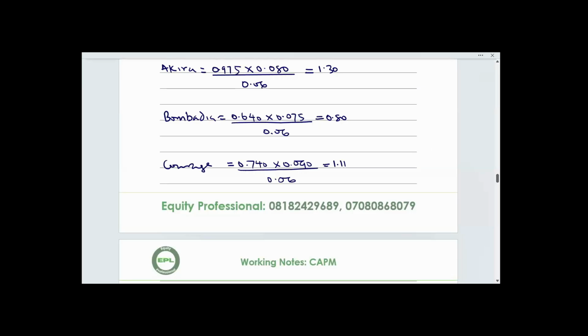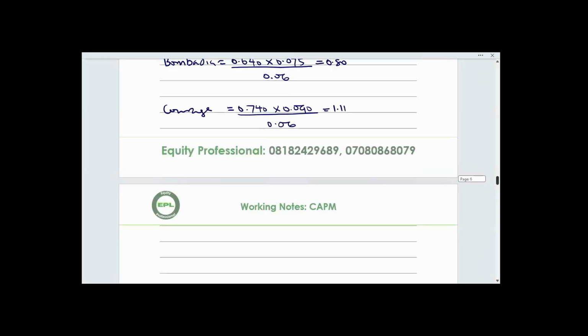Let me confirm that number. 0.74 multiplied by 0.090, divided by 0.06. Yeah, correct. Then the number for Divine.